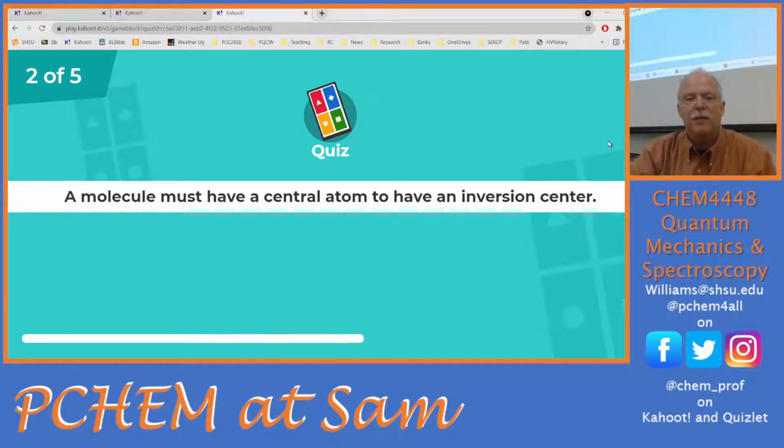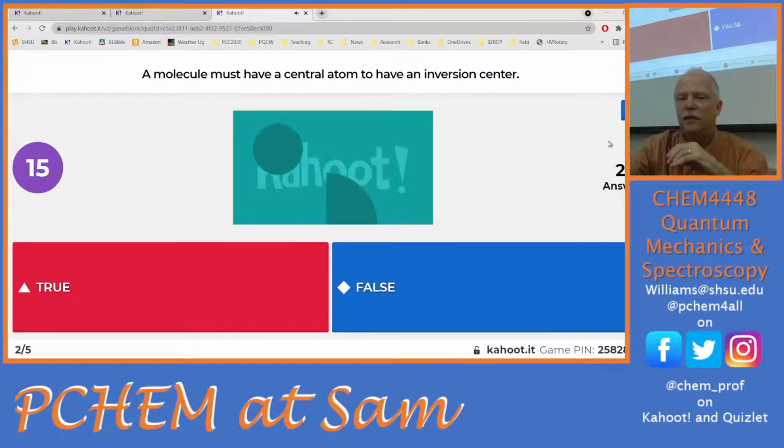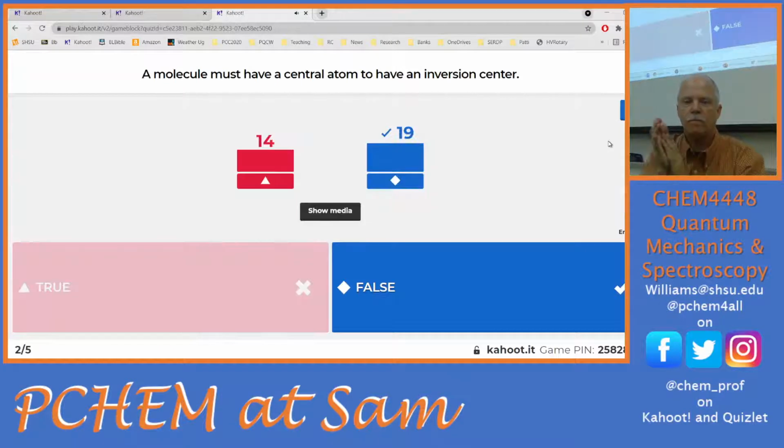A molecule must have a central atom to have an inversion center. True or false? Okay, it's a little better than 50-50. The most classic molecule to think about is benzene. Benzene has an inversion center, but there's no central atom.